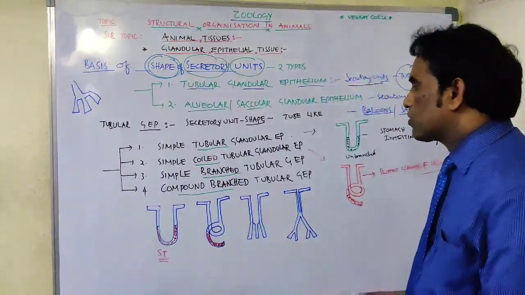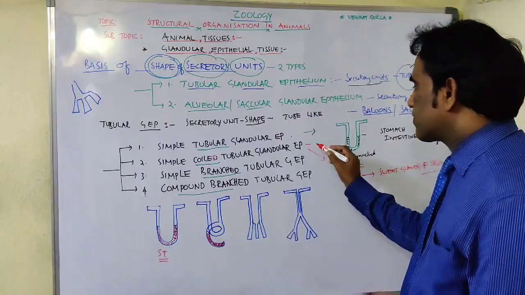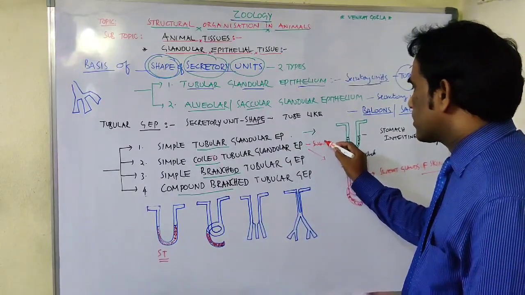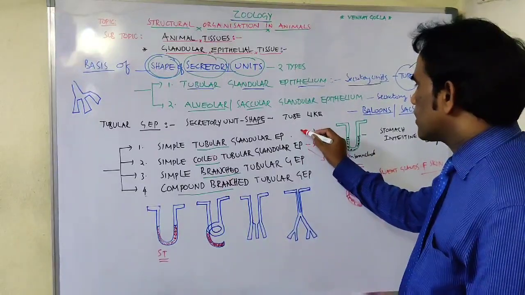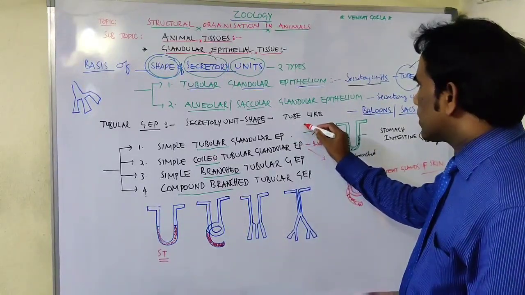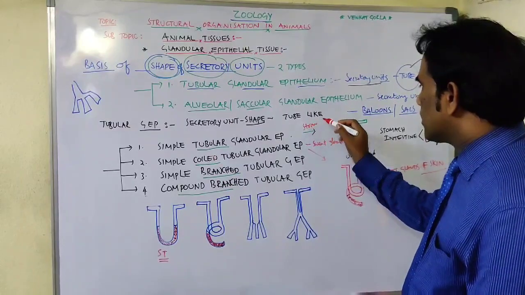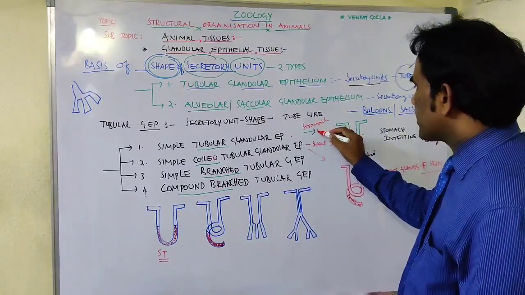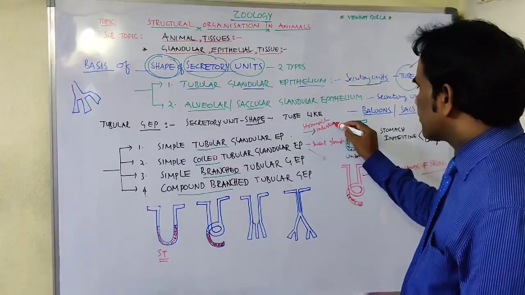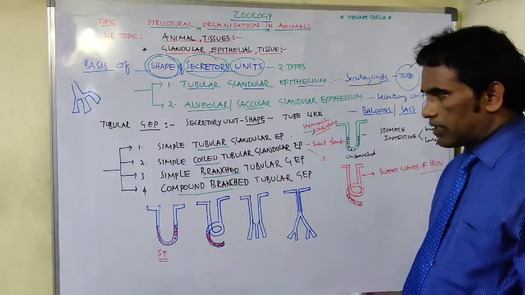The simple coiled tubular is located in the sweat glands of skin. Whereas the simple tubular is in the crypts of the stomach glands and the intestinal glands, small intestine and large intestine.